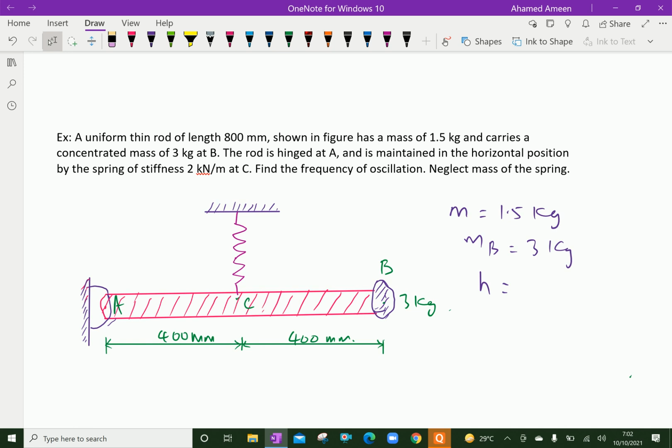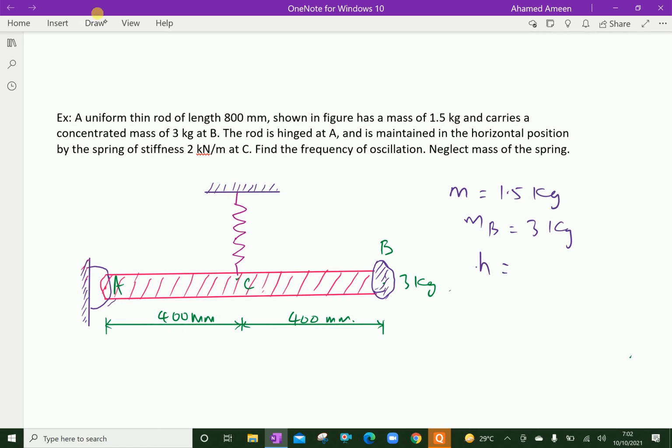First we'll calculate the length of the rod, which is 0.8 meter. Stiffness of the spring S equal 2000 Newton per meter, because 2 kilonewton is 2000 Newton per meter.